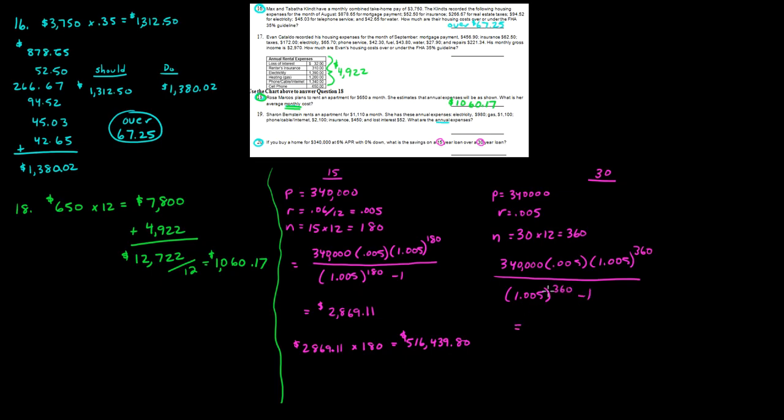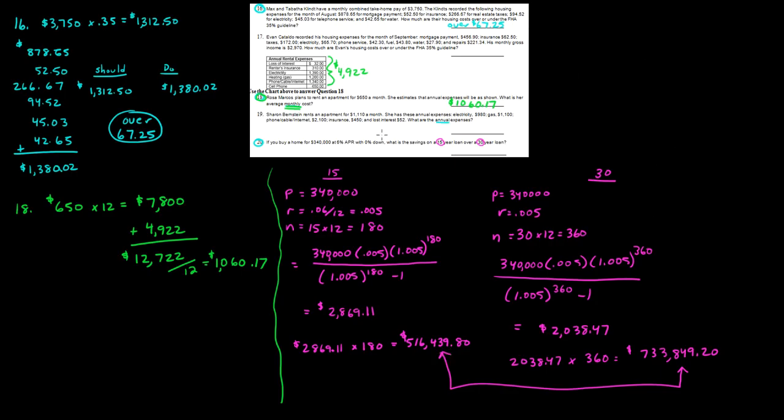And when I work that out, my payment would be a little bit lower. It would be a monthly payment of $2,038.47. But when I then find my total payment, $2,038.47 times 360 payments instead, I would have a grand total of $733,849.20.